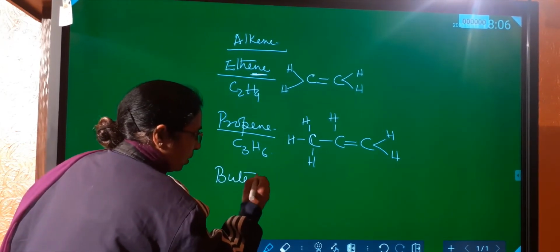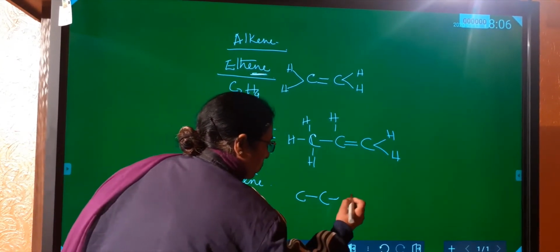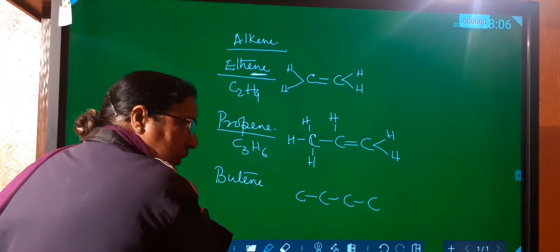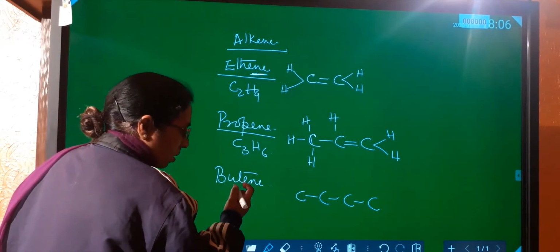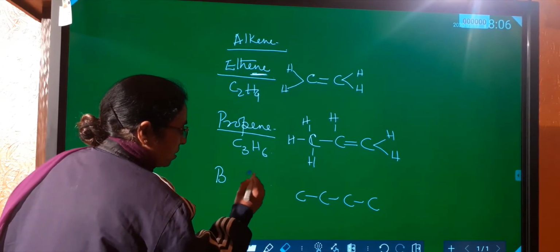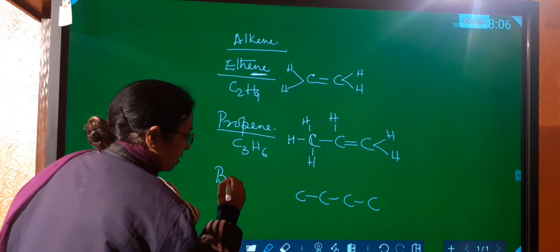Now for butene, that means it is having 4 carbon. Alright. Now when I am writing butene, I have to specify whether this ene is on the first carbon or whether this ene is on the second carbon.